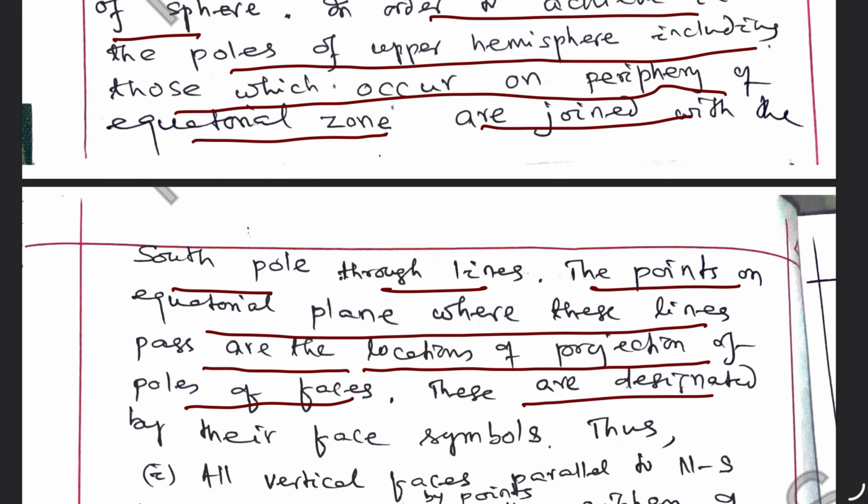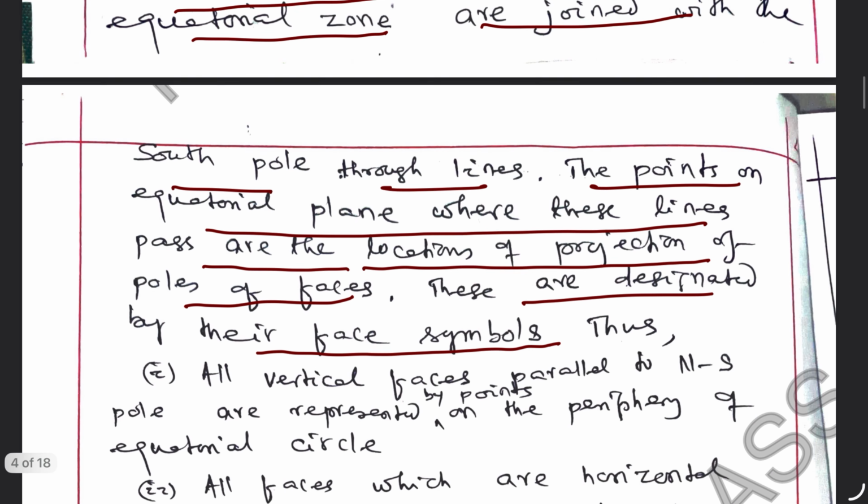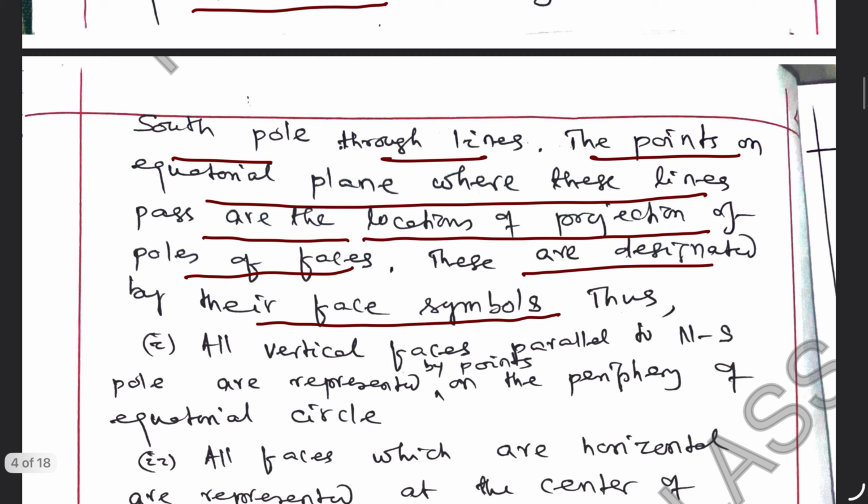These are designated by their phase symbols, and these phase symbols, when they are plotted to the equatorial plane, together form the stereographic projection of the concerned crystal.